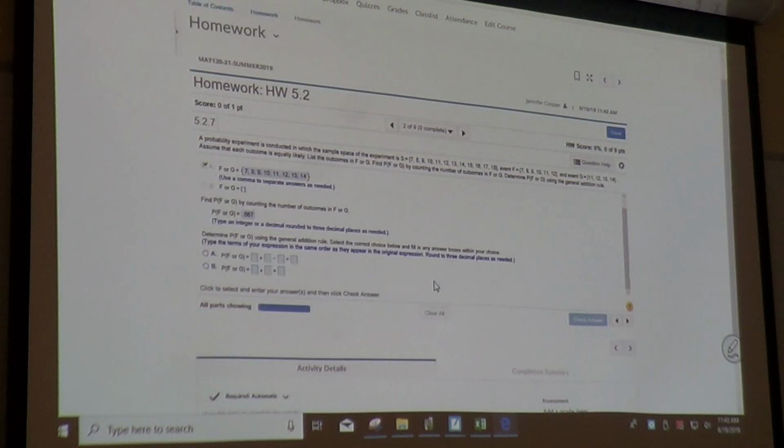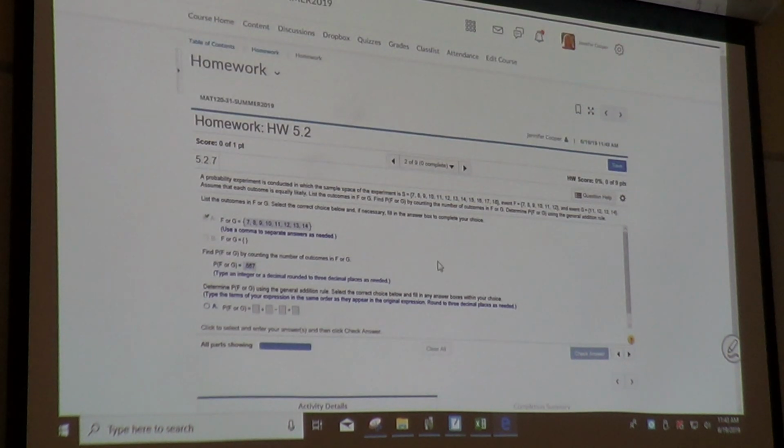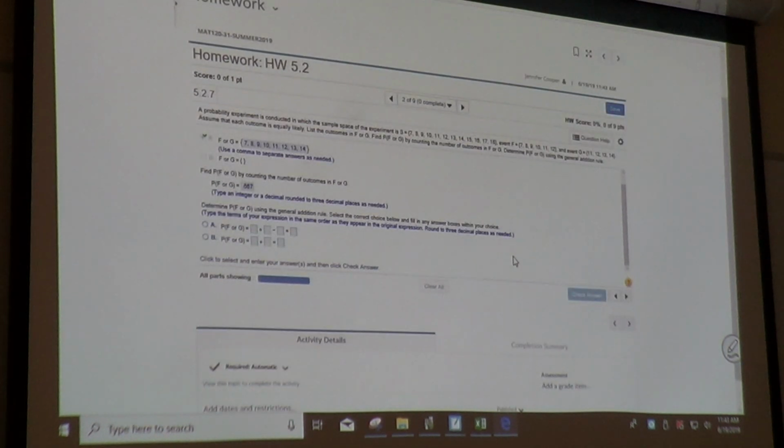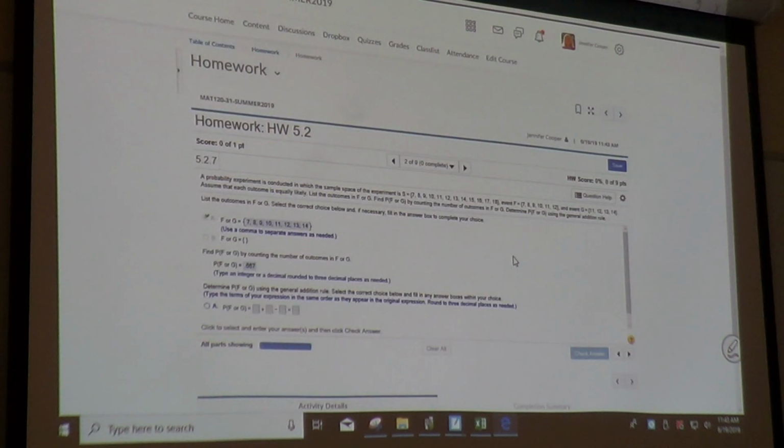Determine the probability of F or G using the general addition rule. Select the correct choice below and fill in the answer. Okay, so they want to know just the numbers.